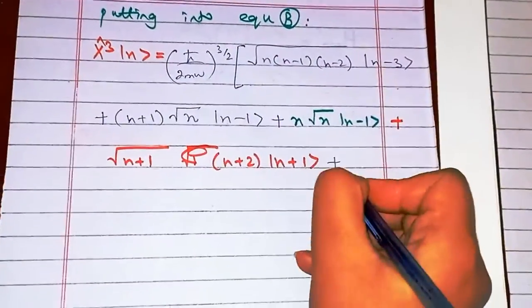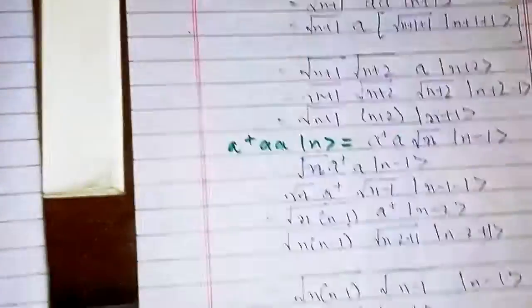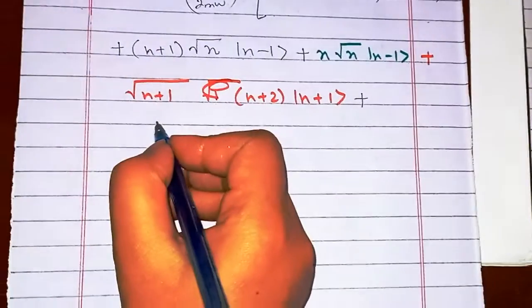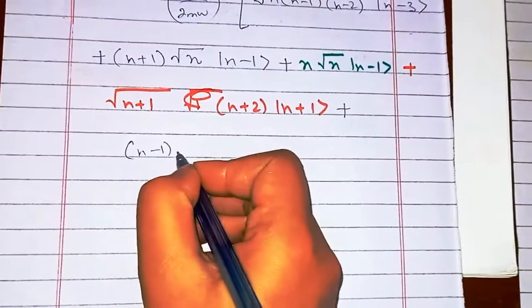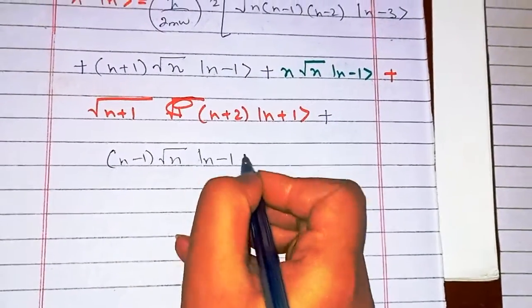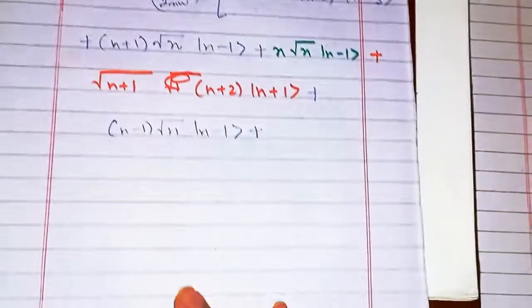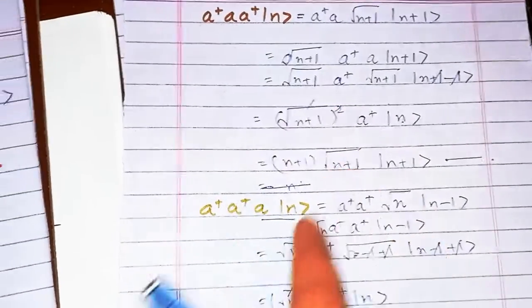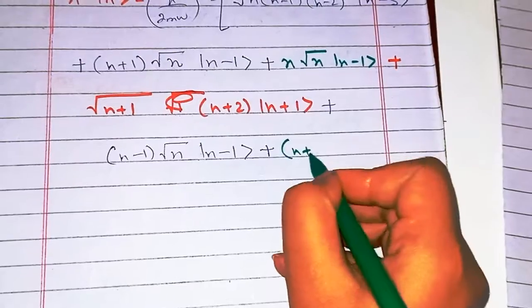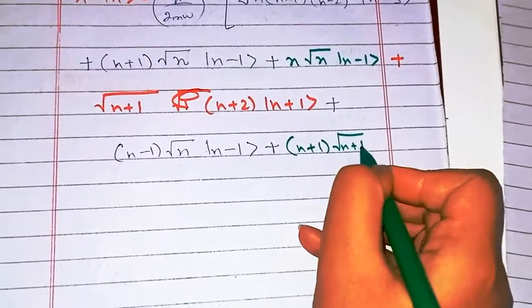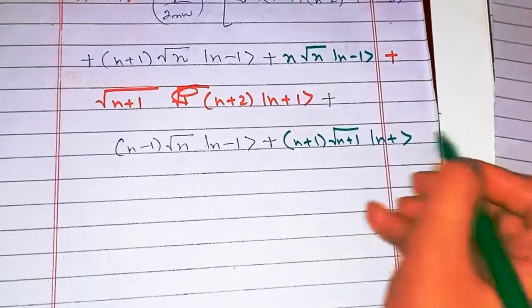Plus the fifth term, which is this, it's n minus 1 into under root n minus 1 is the ket, plus the sixth term, which is n plus 1 under root n plus 1 plus 1 is the ket.